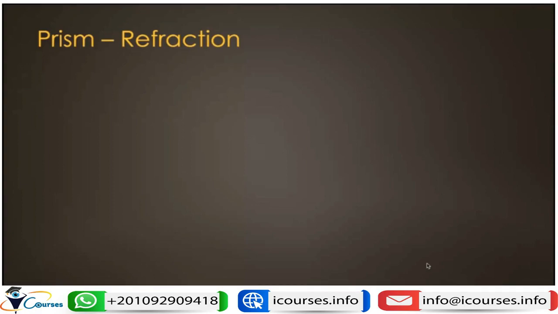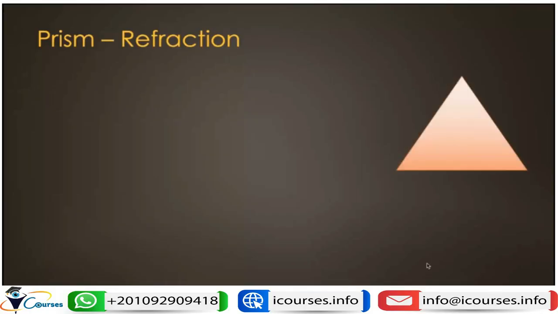So what are the rules that govern refraction by prisms? If we have a prism, as we said, the angle between the two refractive surfaces is called the angle alpha, or the apical angle, or the refractive angle. We have an incident light ray that undergoes refraction from less dense to more dense, so it undergoes refraction toward the normal.